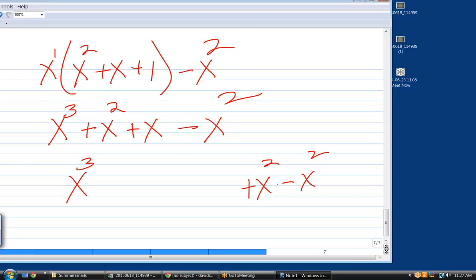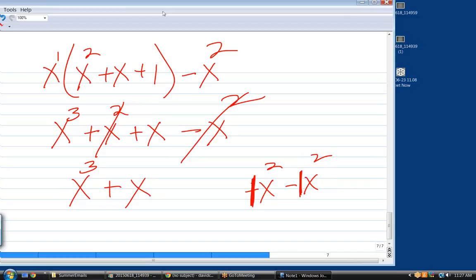In other words, this is one apple minus another apple. If I start with one apple and I subtract another apple, I got no apples. So the x squared terms cancel. And how many x's do I have? Just one x.